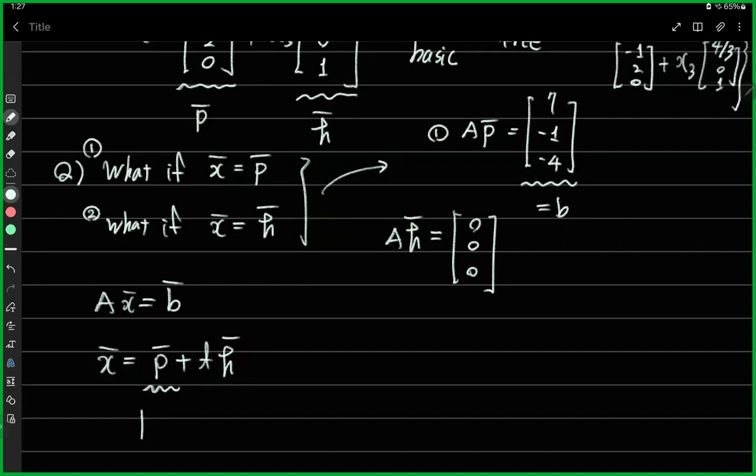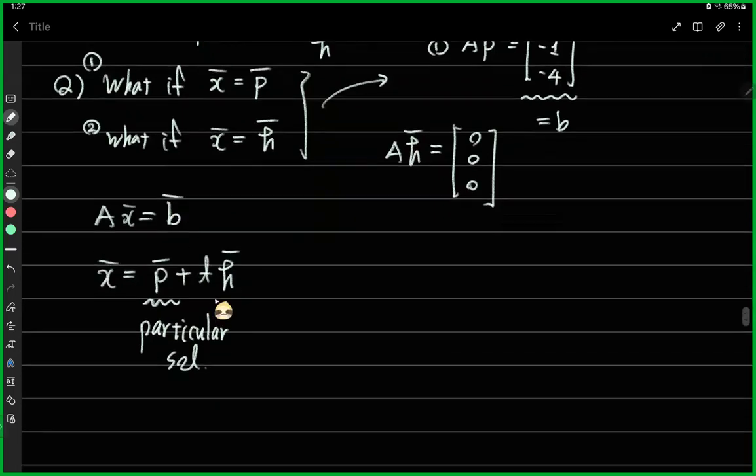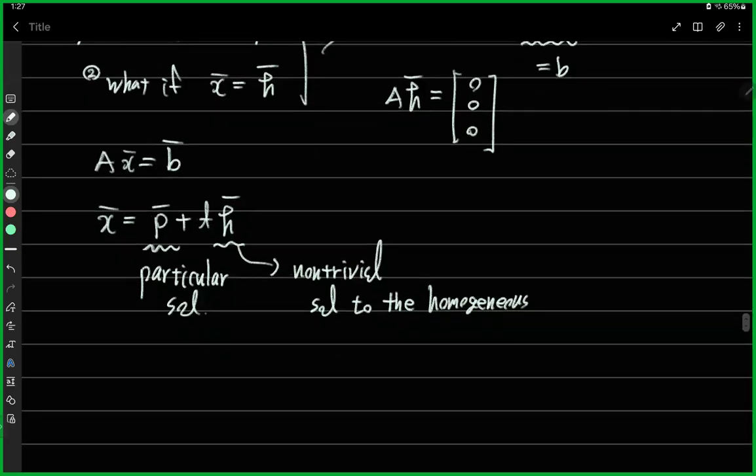So that p means a particular solution, which means the solution to A x bar equals b bar, and then h bar, this is the non-trivial solution, a solution to the homogeneous system associated with A x bar equals b bar.